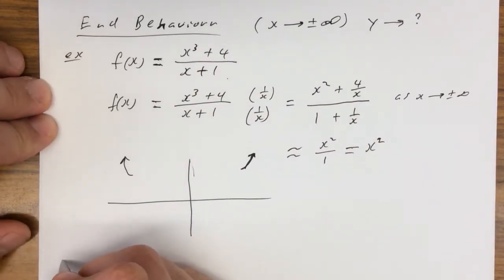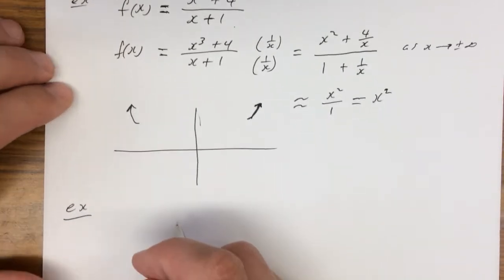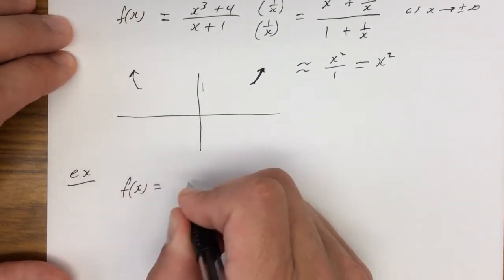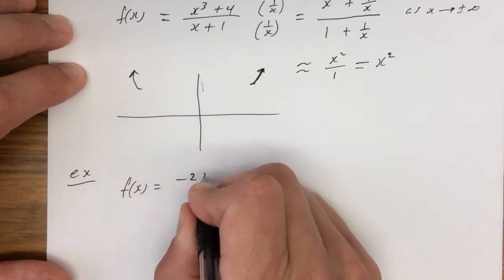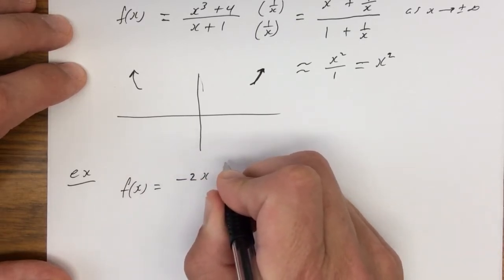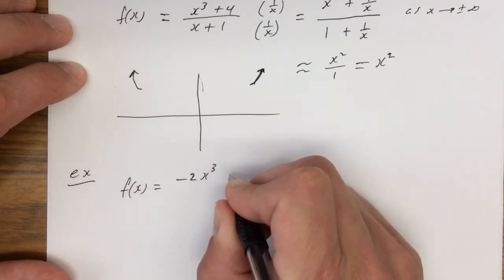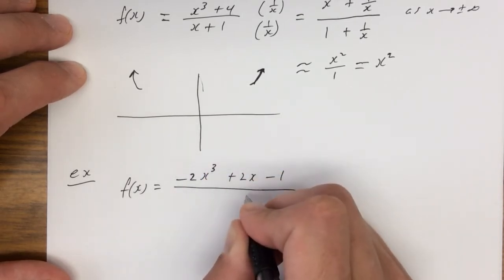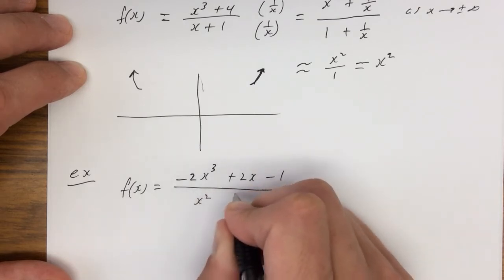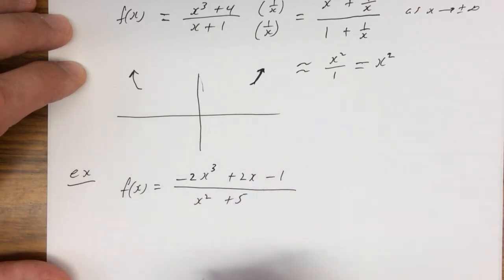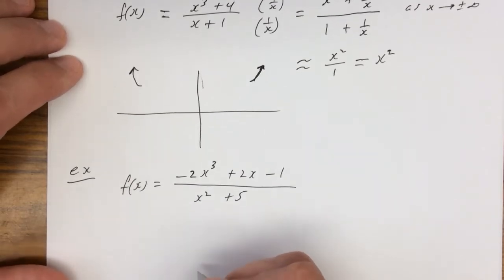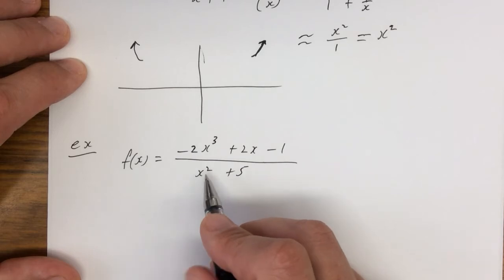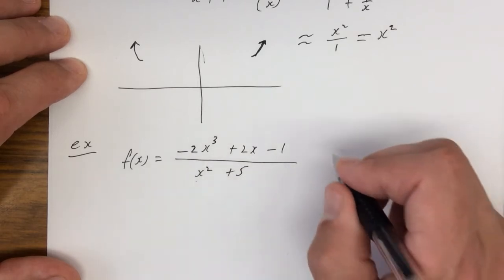So let's just try and do one more example so you get the idea. What if f of x equals negative 2x cubed plus 2x minus 1 over x squared plus 5. Okay, so if we multiply the top and the bottom of this by, instead of 1 over x, we're going to go with the lowest degree here, which is x squared.